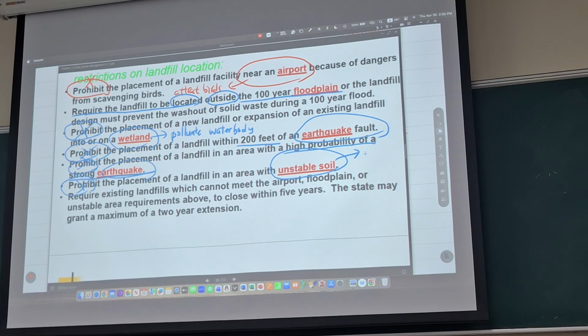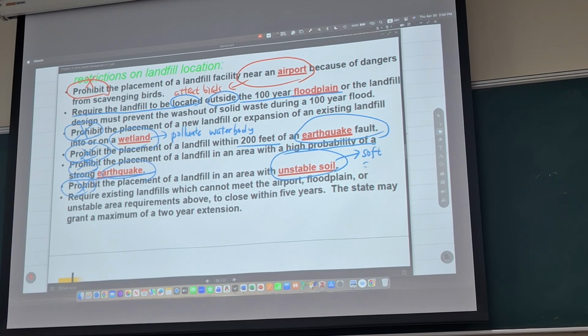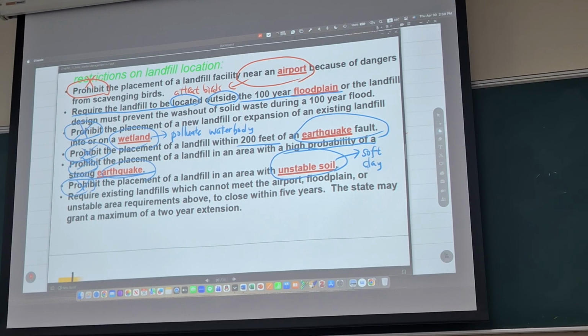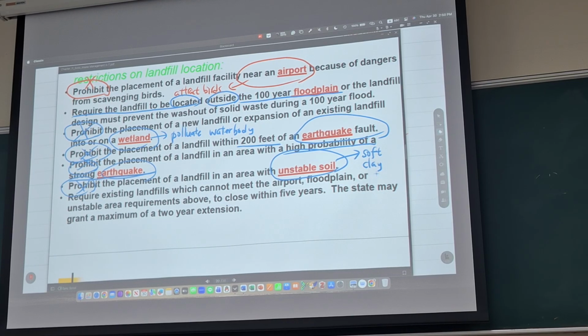That means the soil here contains very soft clay, 很软的泥土, or is landslide-prone, 土石流. Prone means 倾向, the trend.